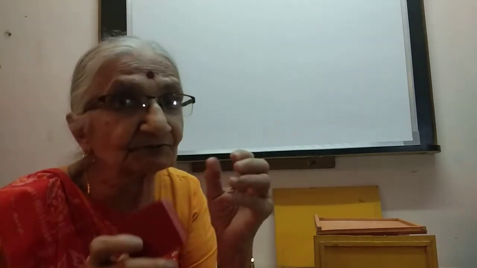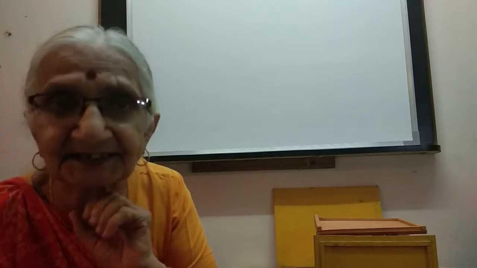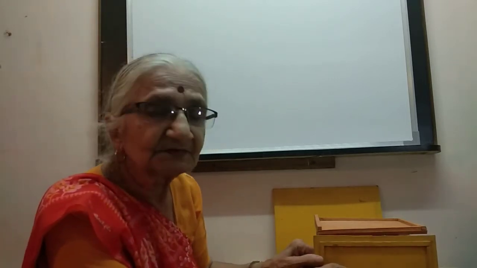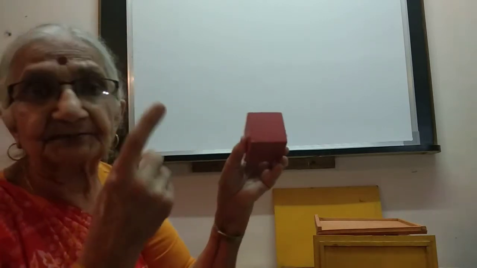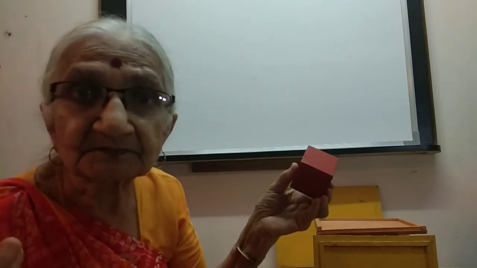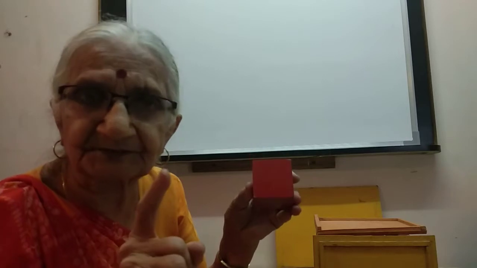Now, we are not actually going to construct cubes. We are going to reduce it to a very simple problem. If I have a cube, suppose this is my cube, I call this side 1 unit because I am not given any length. So whatever the side of this given cube, I will call 1 unit.